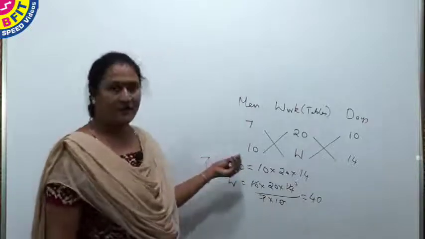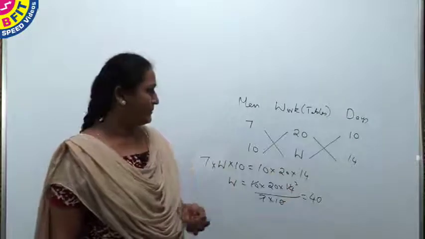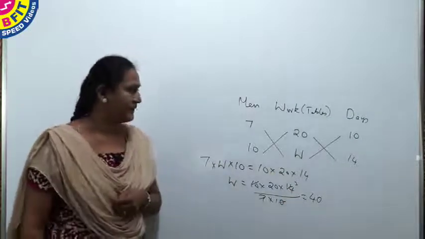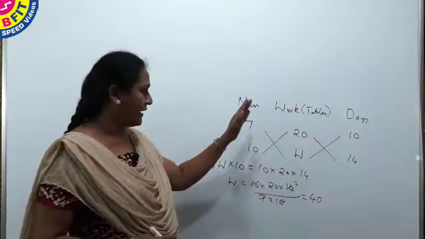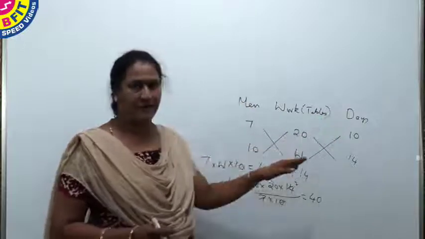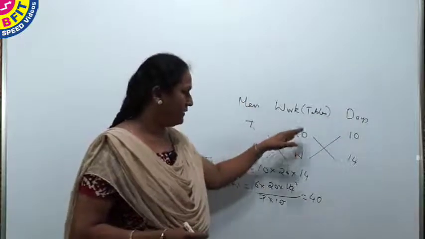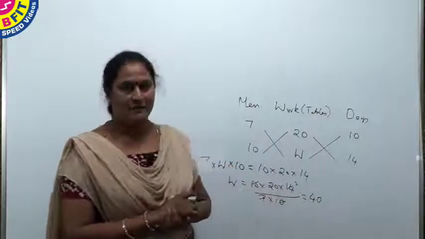So 10 men, if they work for 14 days, they can make 40 tables. So here work we are asked to find. So work varies directly with men and work varies directly with days. So both direct variation by cross multiplying. So we have got the answer as 40, that is 40 tables.